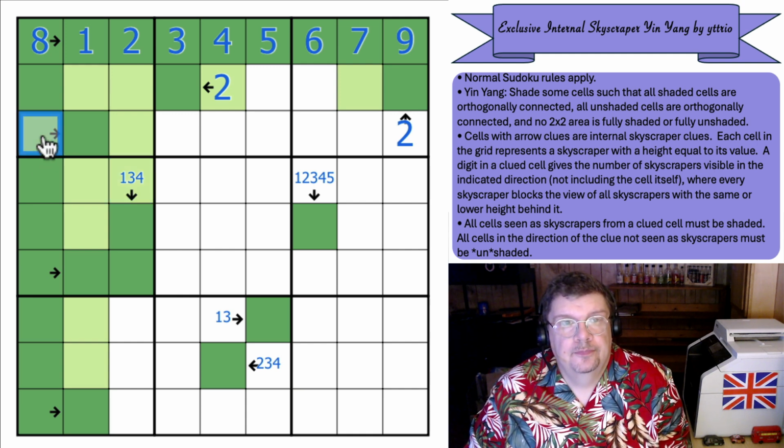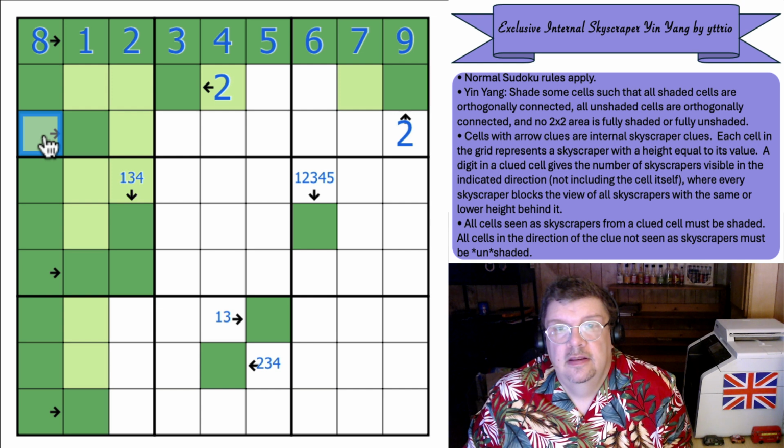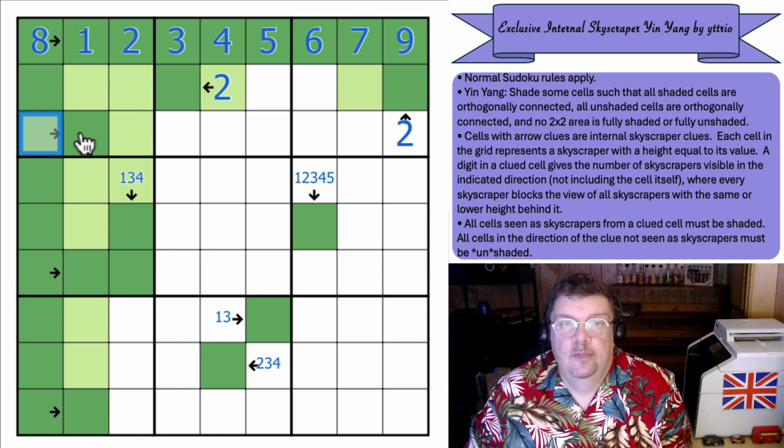Therefore, we know that this cell points at a 9. It can't be a 9 itself, because if it were a 9, then there's no way I can point to 9 different shaded cells from inside the grid.